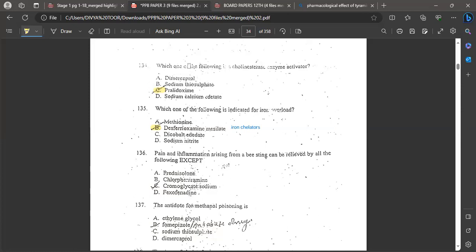But now pralidoxime comes to activate the acetylcholinesterase so that it can break down the acetylcholine that has built up. So that's why it is an antidote. Yeah. Thank you.